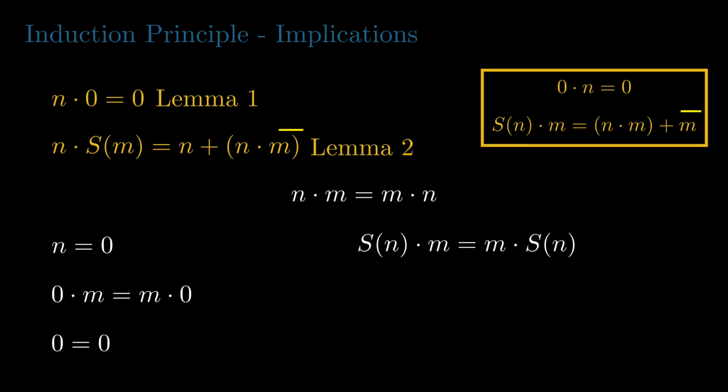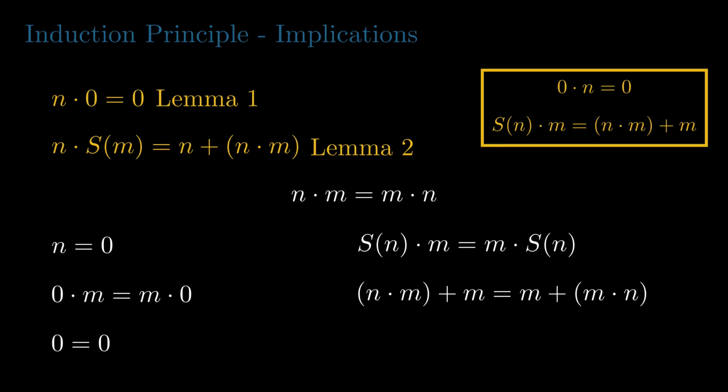We get, using the other two previous properties, that n times m plus m is equal to m plus m times n. Here, as usual, we are considering what happens given the property n times m equals m times n true.